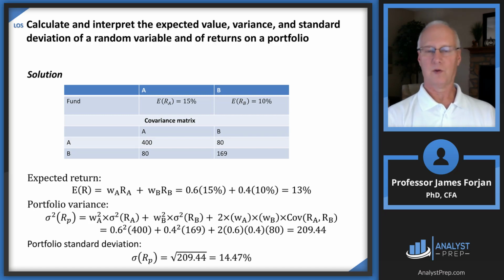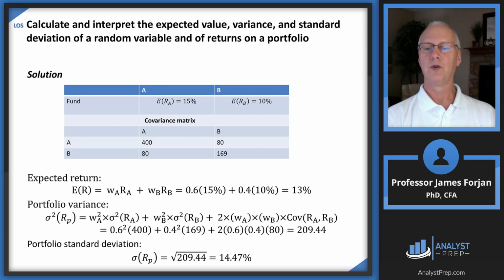And the variance, we're going to take the weight in A, which is 60%, squared, times that variance of 400, and then 40% squared times the variance of B, which is 13%, or 169. Just leave it in that form, because I think the Institute gives it to you in these forms.